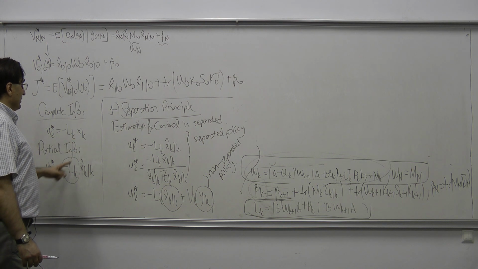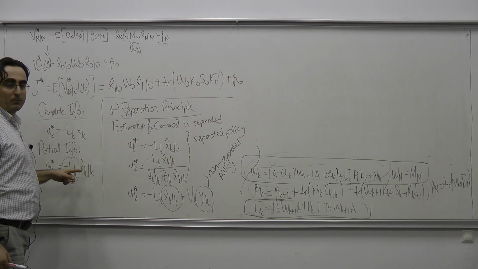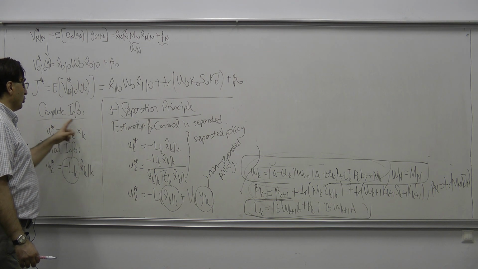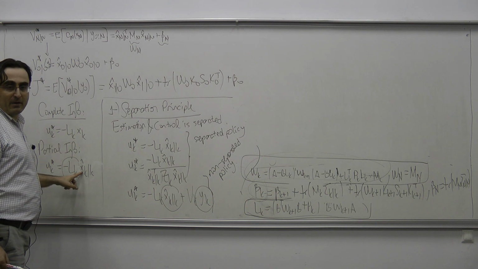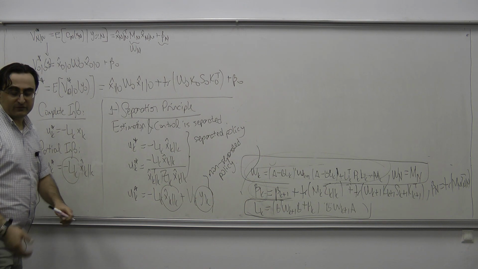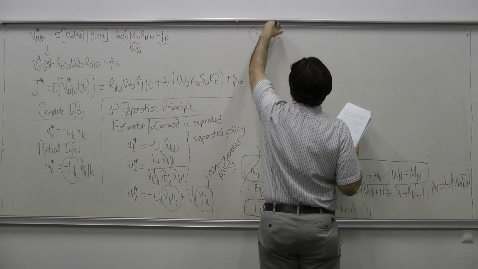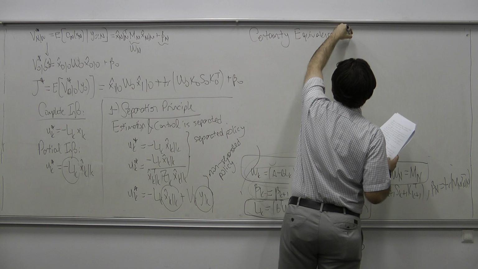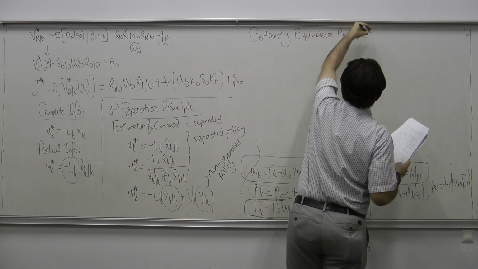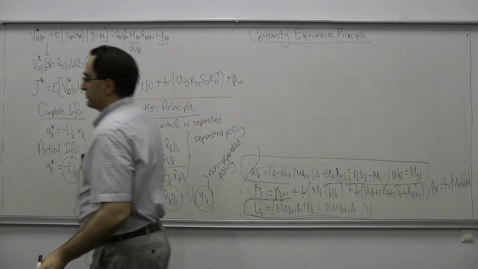In a partial information optimal control problem, if the optimal control solution can be obtained by replacing the complete information optimal control solution xk with its estimate, then we say that the so-called certainty equivalence principle applies.